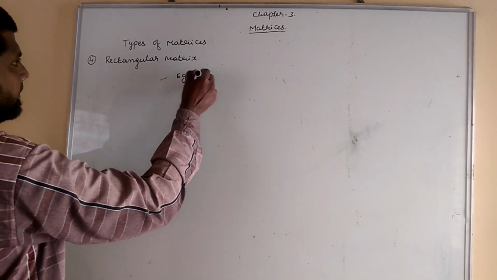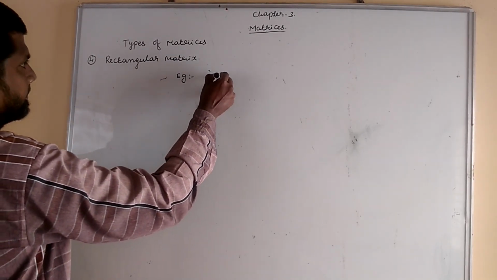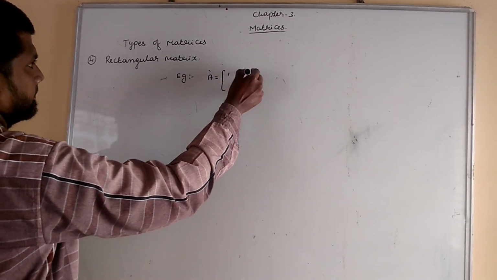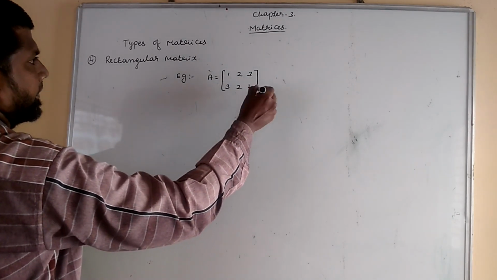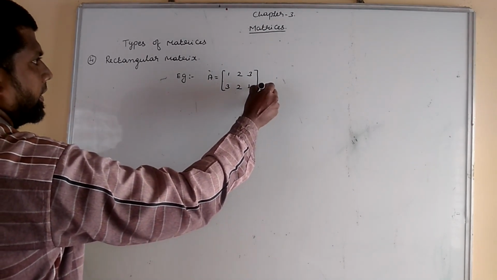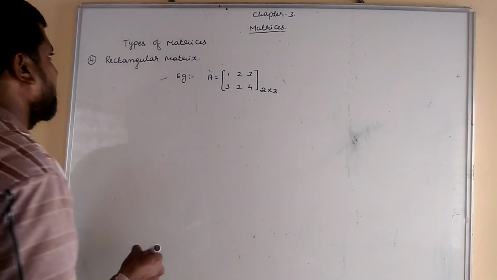Example: the order of the matrix is 2 into 3.